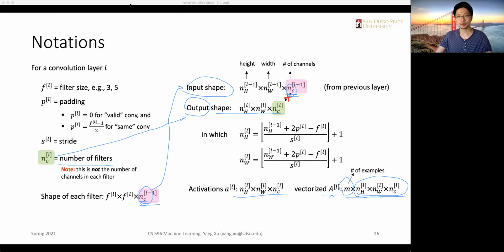In practice, M is usually the size of our mini batch. We can feed the model 128 images at the same time. In that case, the first dimension corresponds to the mini batch.